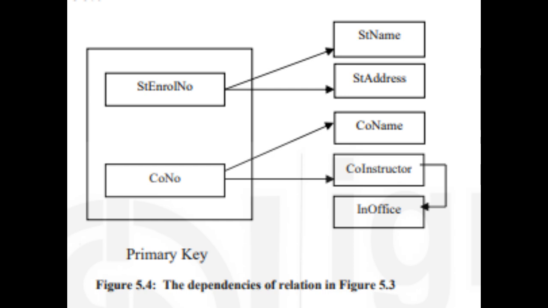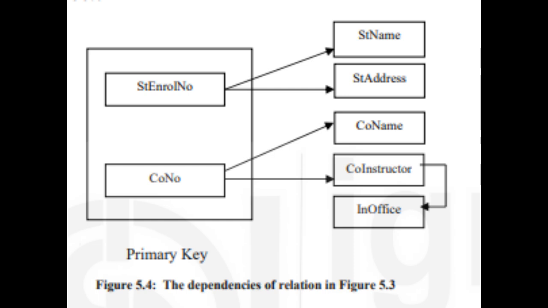Similarly, deletion of the tuple having student name Rohan and course number MCS202 will result in loss of information that MCS202 is named Computer Organization, having an instructor Anurag Sharma, whose office number is 105. This is called deletion anomaly.